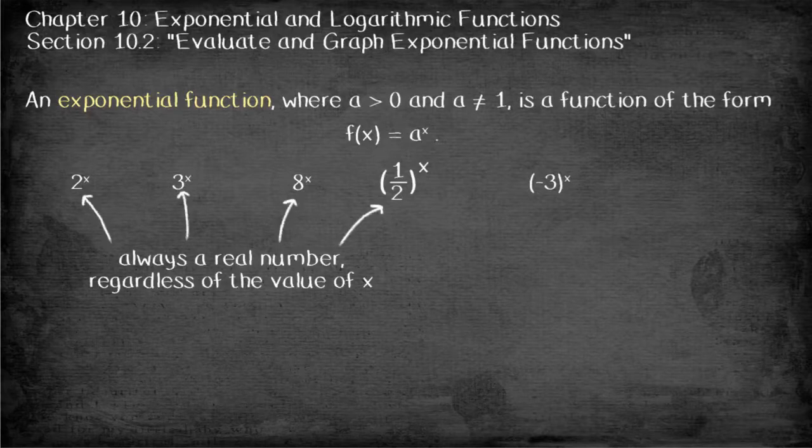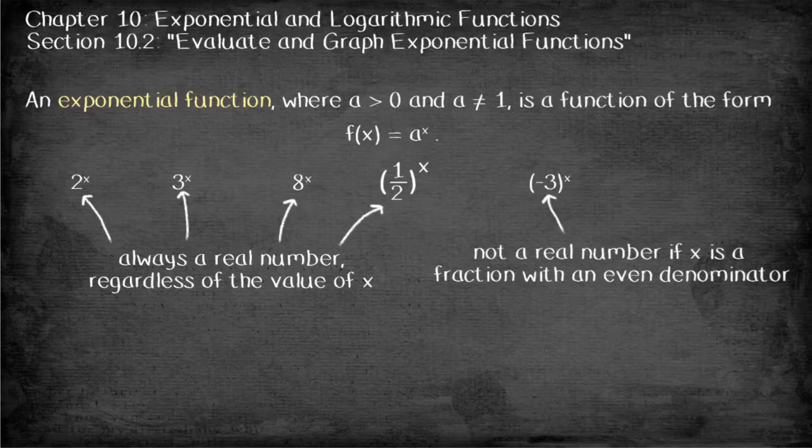So these first four are always real numbers regardless of what the value of x is, right? It could be positive, could be negative, could be rational even, could be 1/3 or 2/5 or 7/4 or whatever. But this -3 to the x is not a real number if x is a fraction with an even denominator and odd numerator, I guess.